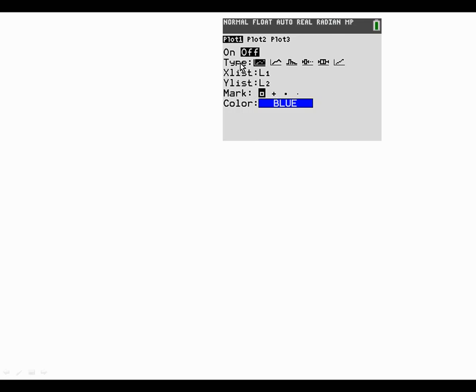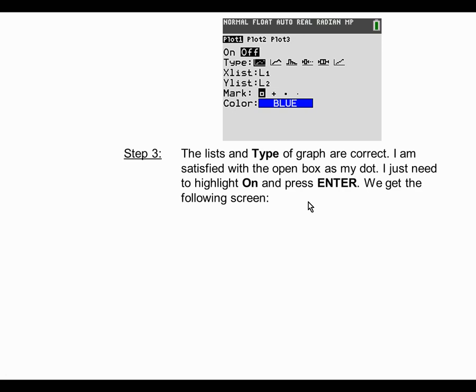Now you're going to scroll down and highlight on and press enter, and this is the graph, that one right there, that does the scatter plot. Remember, that's basically what we're doing. And again, the x list and y list are what they're supposed to be. I'm always happy with what they have as their dot for the graph, and I always keep my color the same as they have. No sense of confusing myself.